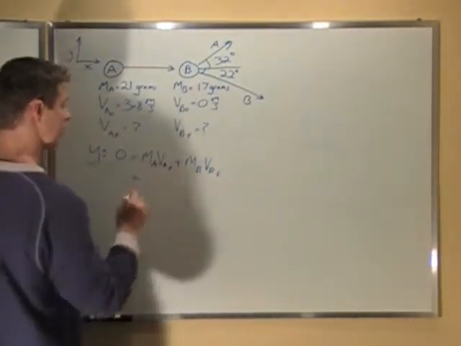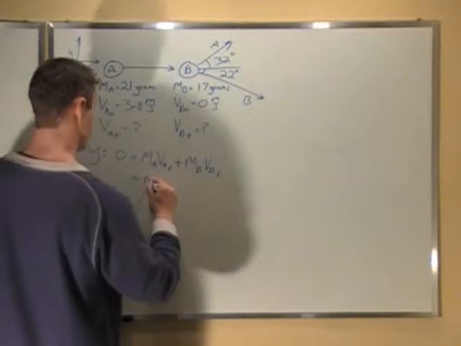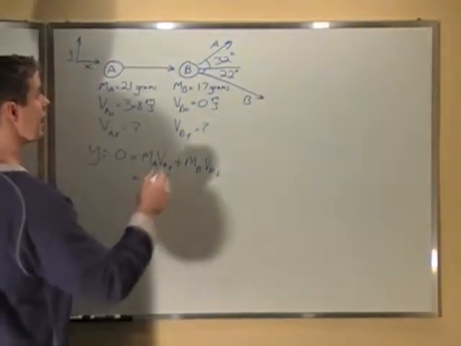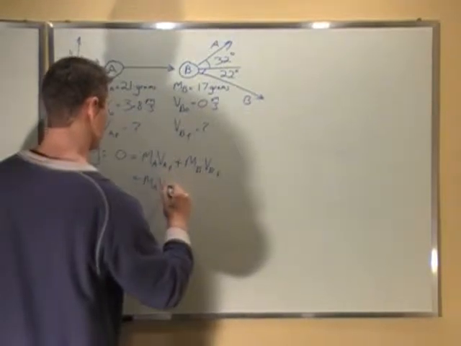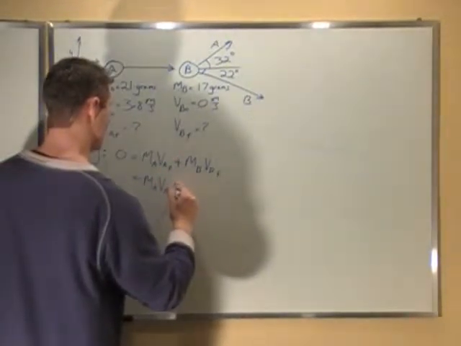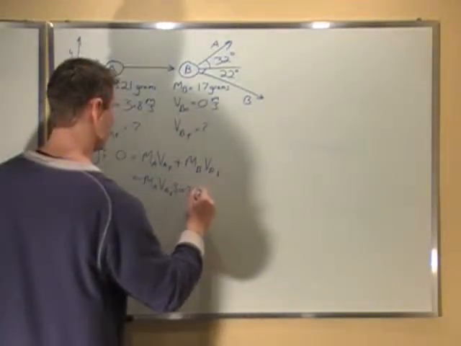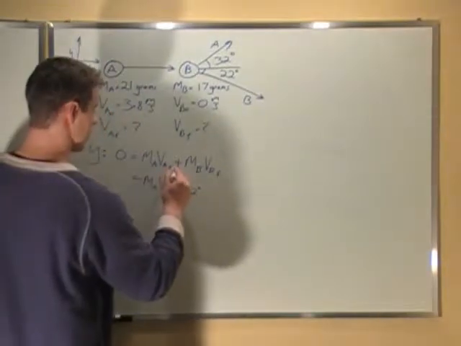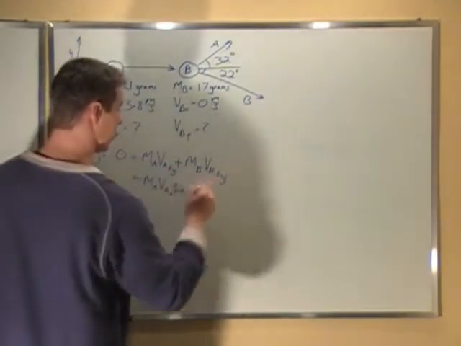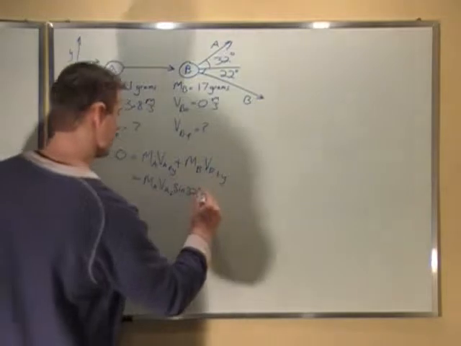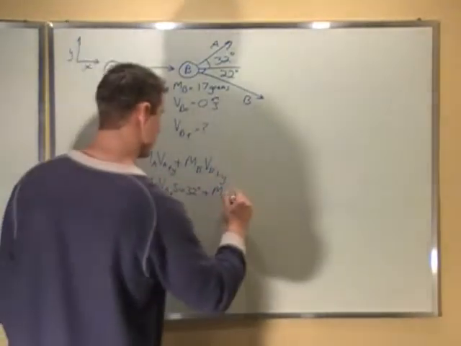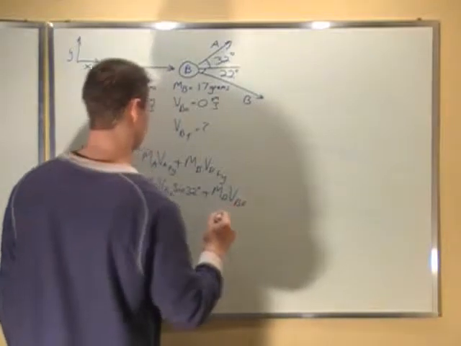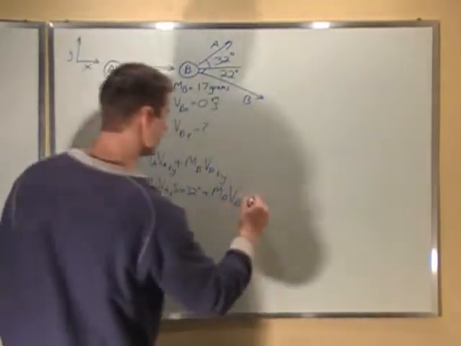So we can't just put VAF, we have to put MA times VAF y, which is VA final sine 32 degrees. So this should actually be VAF y and VBF y, plus mass of B. VBF y is VB final times sine of 22.